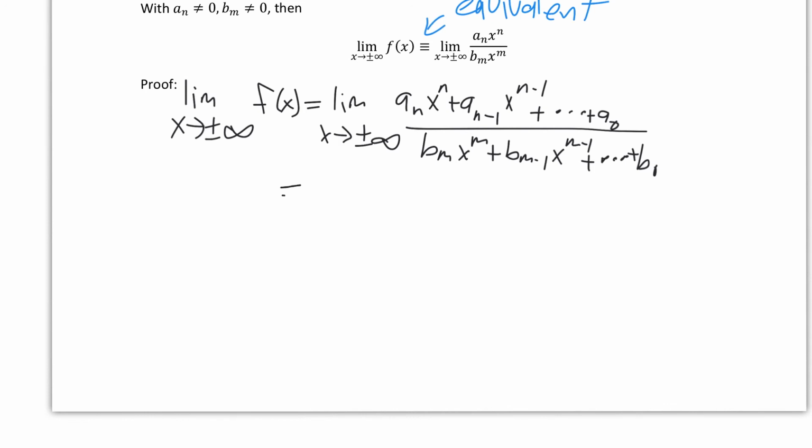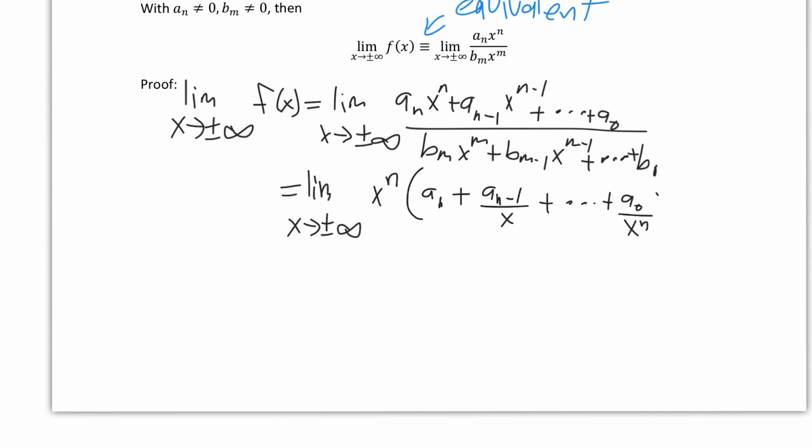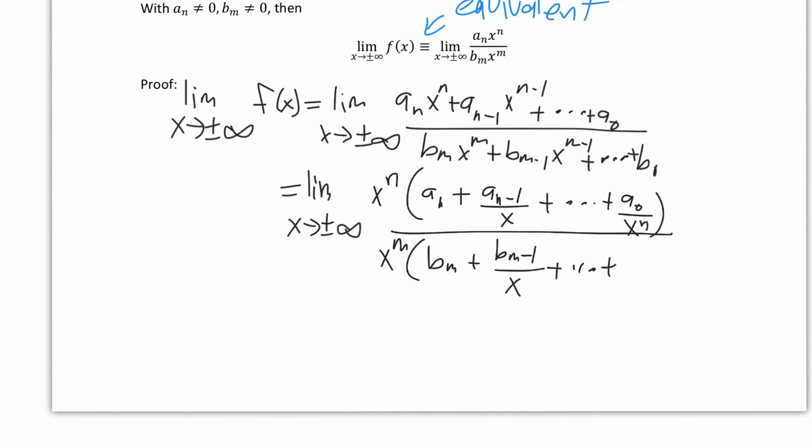So we will get the limit as x approaches plus or minus infinity of x to the n, a_n plus a_(n-1) over x plus a_0 over x to the n, divided by x to the m, b_m plus b_(m-1) over x plus b_0 over x to the m.